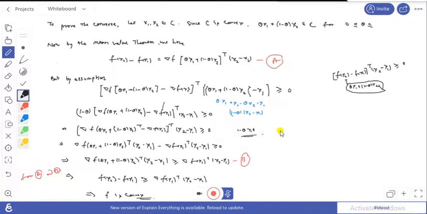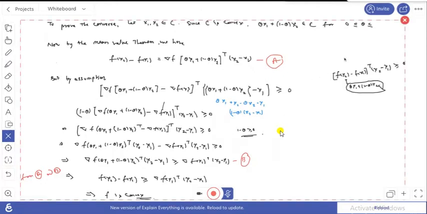Okay, so now we take the last theorem, and that theorem says that a twice differentiable function. So on the next page we take the twice differentiable function, and there is a concept of Hessian.